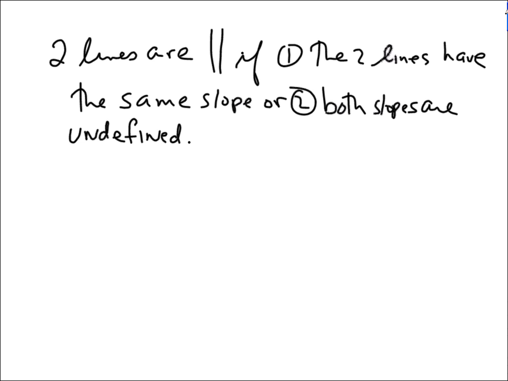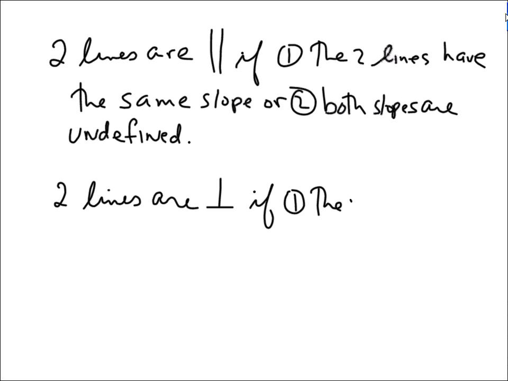Now let's talk about perpendicular lines. Two lines are perpendicular if one, the product of their slopes is -1.